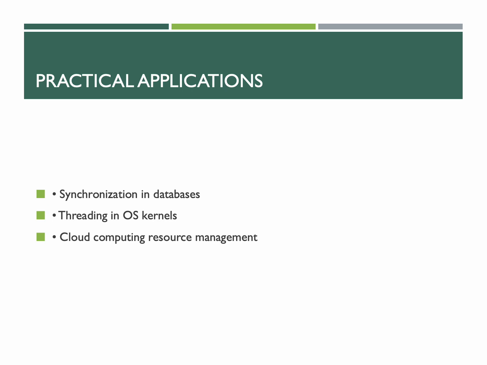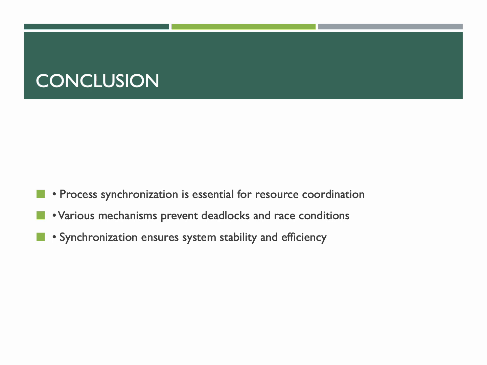Okay, as we come to the end of this presentation, let's summarize the key takeaways on process synchronization. First of all, it ensures that multiple processes can execute safely without conflicting over shared resources.